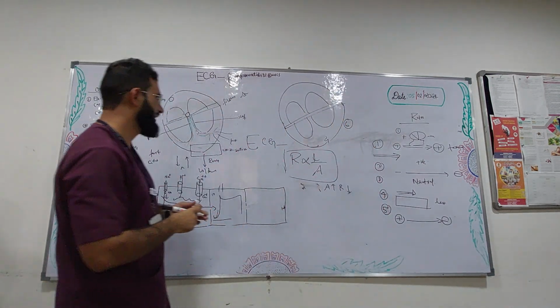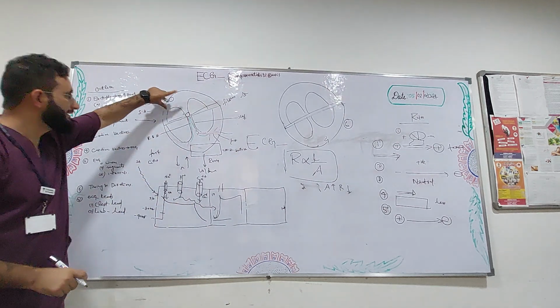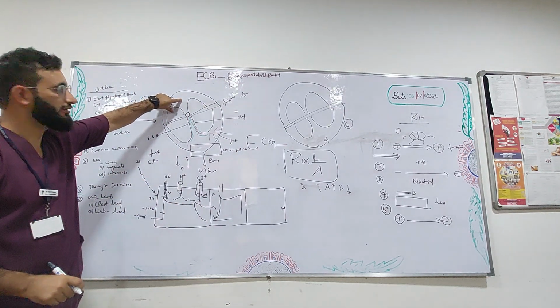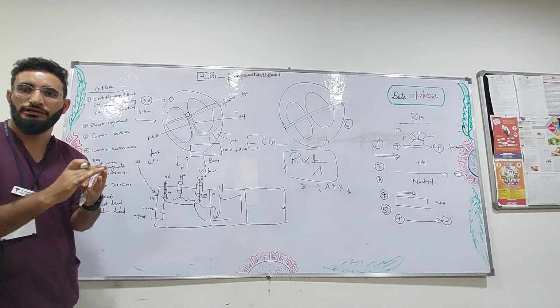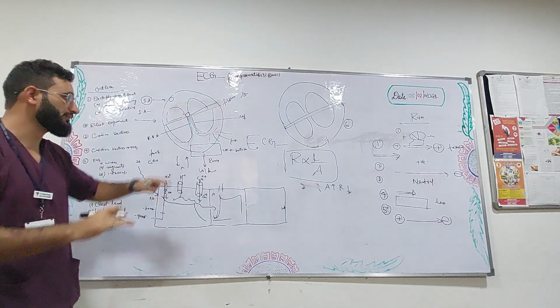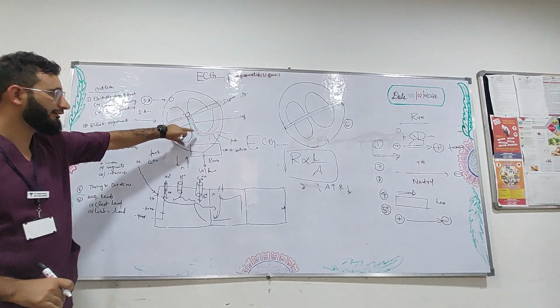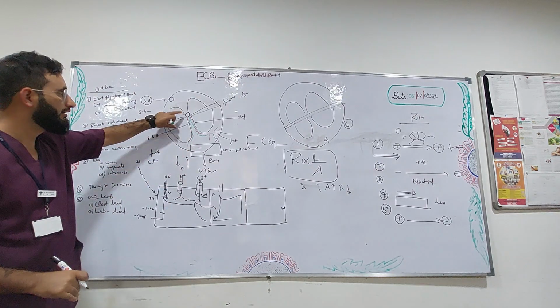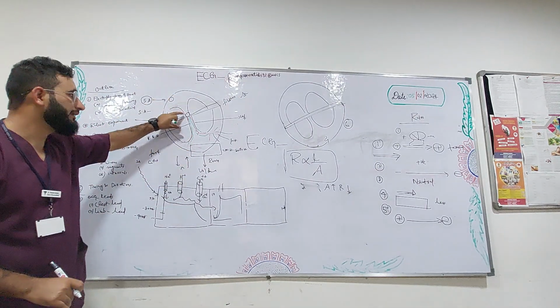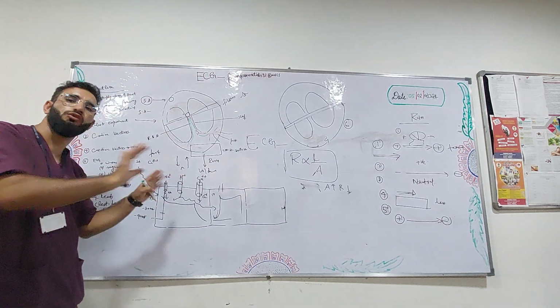Then the 6th rule. I told you here that the atria are somewhat small. They conduct electricity slowly compared to the ventricle. The ventricle is fast conducting, the atrium is a slow conductor, and the AV node is an even slower conductor.